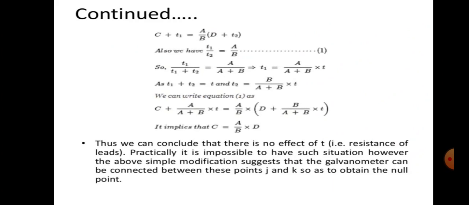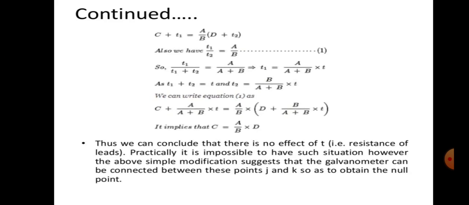Now we know that T1 by T2 is equal to A upon B. So T1 upon T1 plus T2 is equal to A upon A plus B. What we have done is added the numerator to the denominator. So we got this equation.